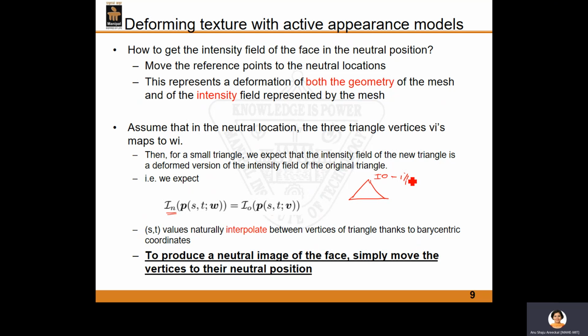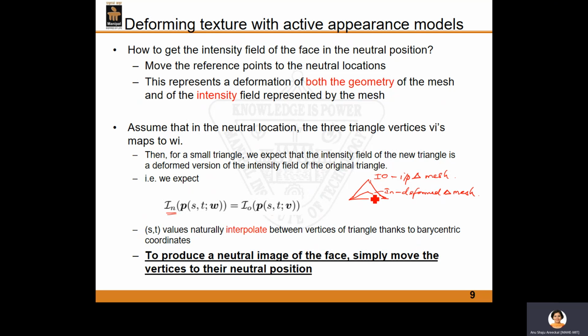I can call it the input triangular mesh. Then what I'm doing is basically mapping this with another triangle over here, which is given by In, which is basically my deformed triangular mesh.